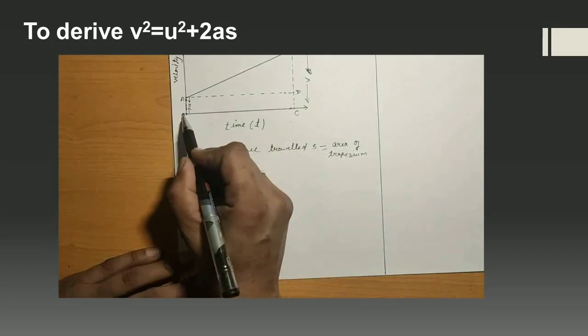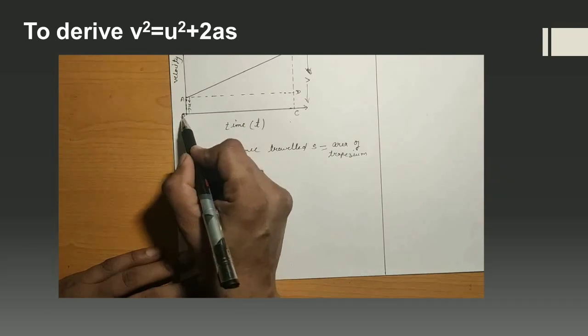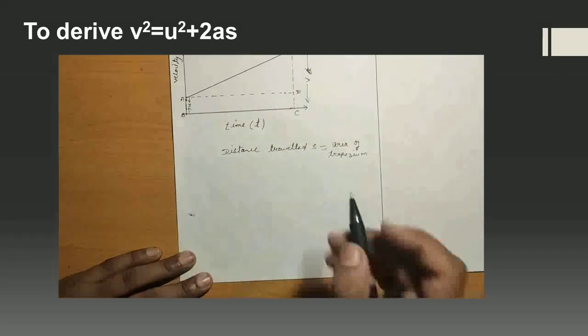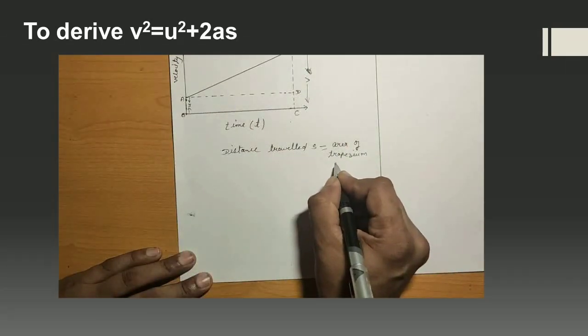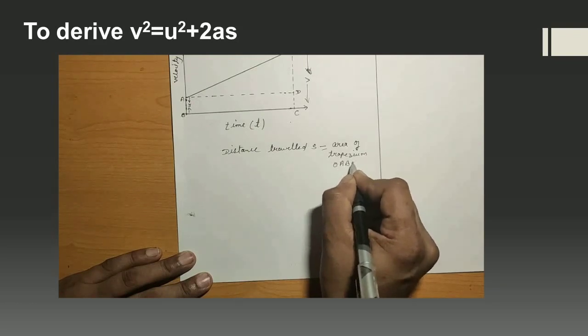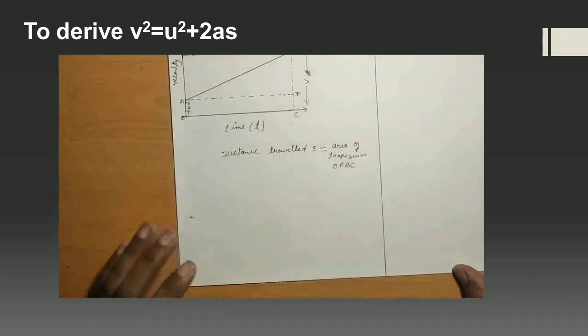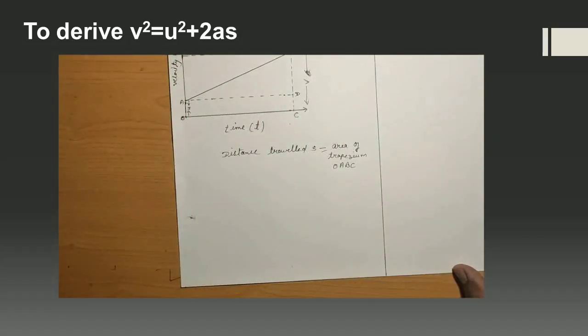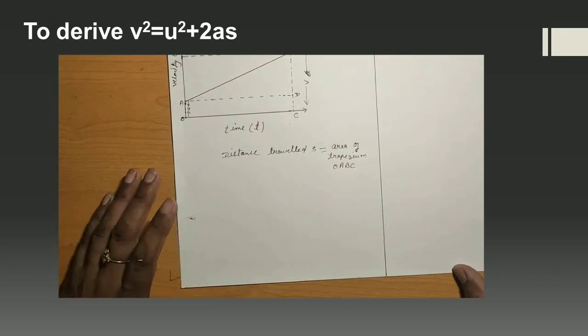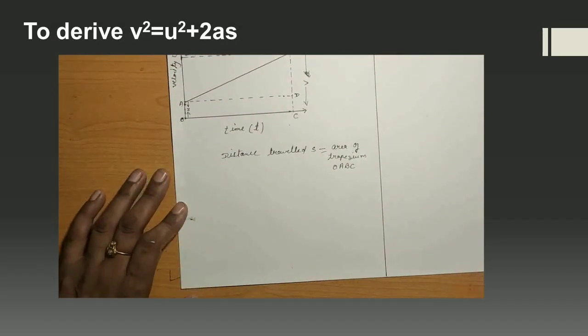What is the area of trapezium? Which trapezium are we talking about? OABC. Clear? Here we will not split it into triangle and rectangle as we did in the second equation of motion. Here we will write the area of trapezium.